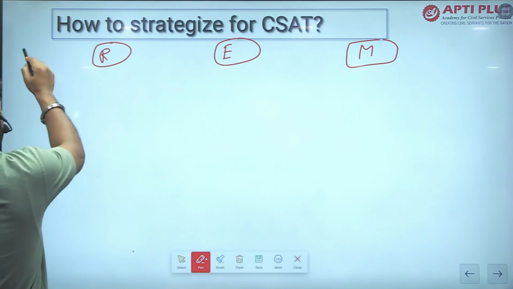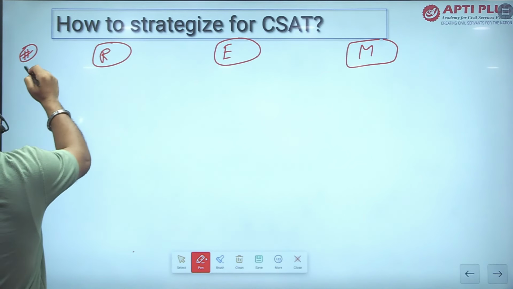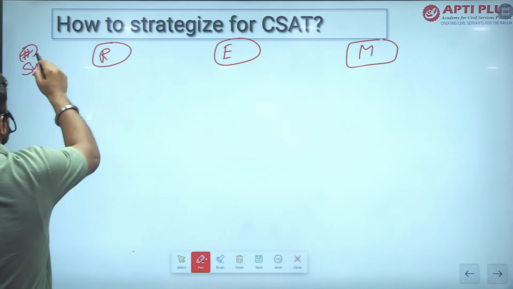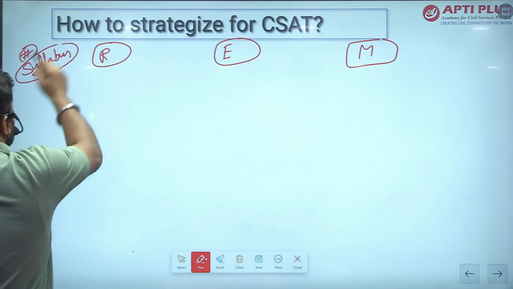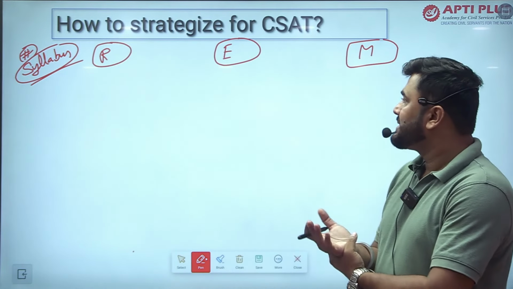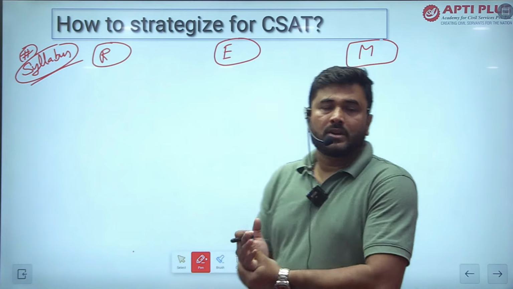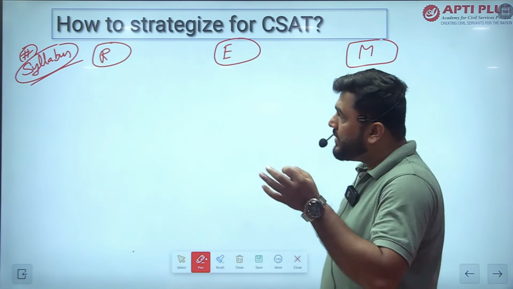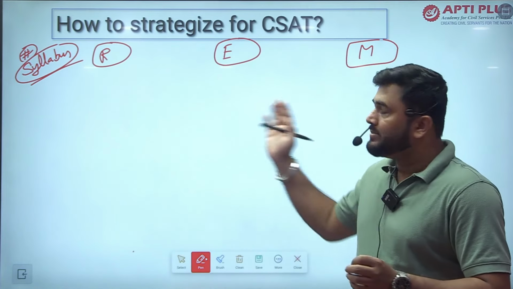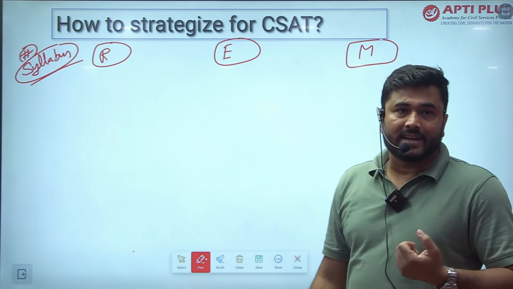First of all, make a proper table of all the syllabus chapters, like in our classes, where in the first class I write all the topic names and chapter names of the reasoning and math sections which I am taking for CSAT.